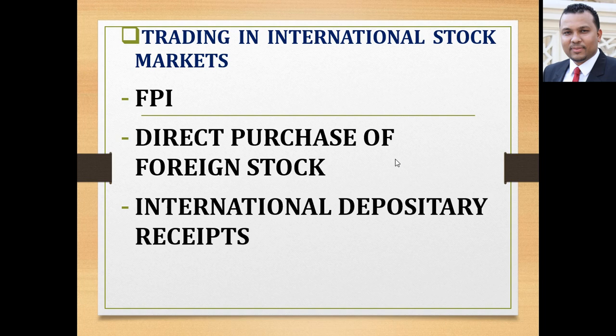The most common example of IDR is the American Depositary Receipts, or ADR. ADR is the abbreviation for American Depository Receipts, which are certificates issued by US banks representing shares of non-US stock held by the bank. For example, a US bank purchases the shares of foreign stocks and holds them. The bank then issues receipts called ADRs.